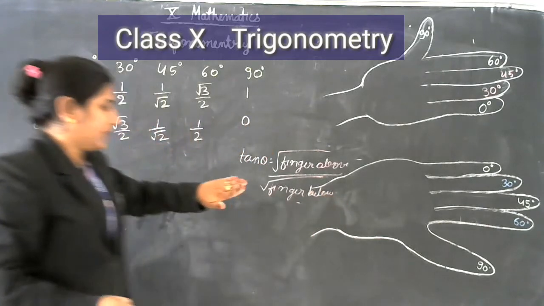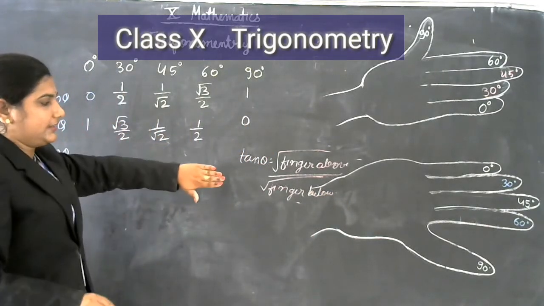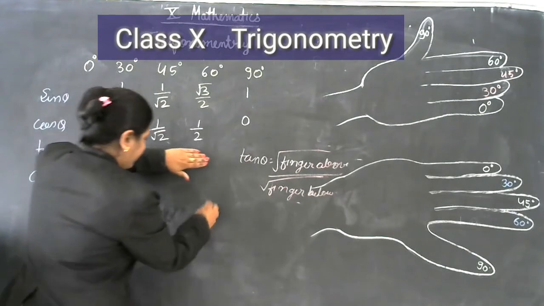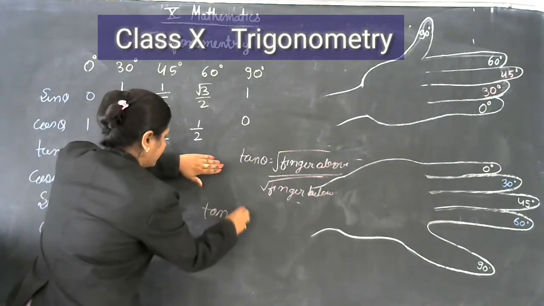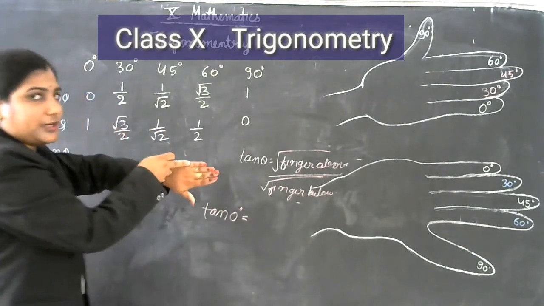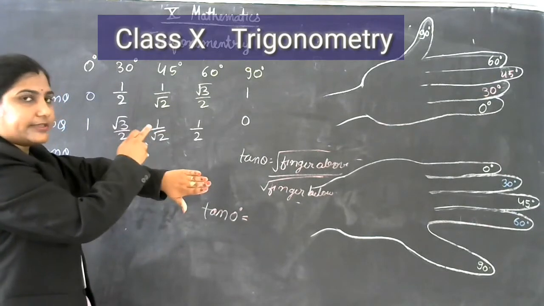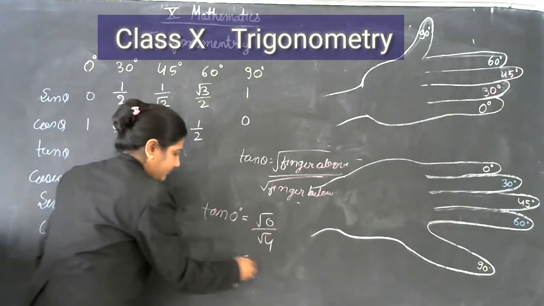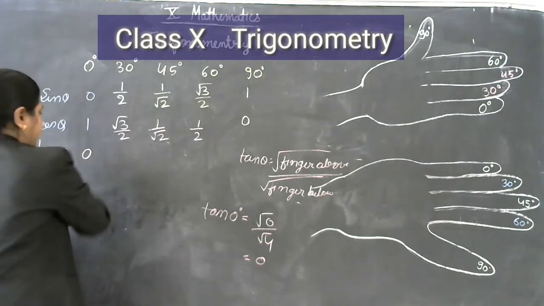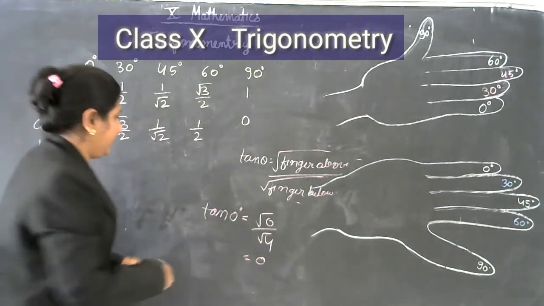See, if we keep our hand likewise and we want to find the value of tan 0 degree, 0 is on the little finger. So how many fingers above this? 4, which gives 0. So here 0.